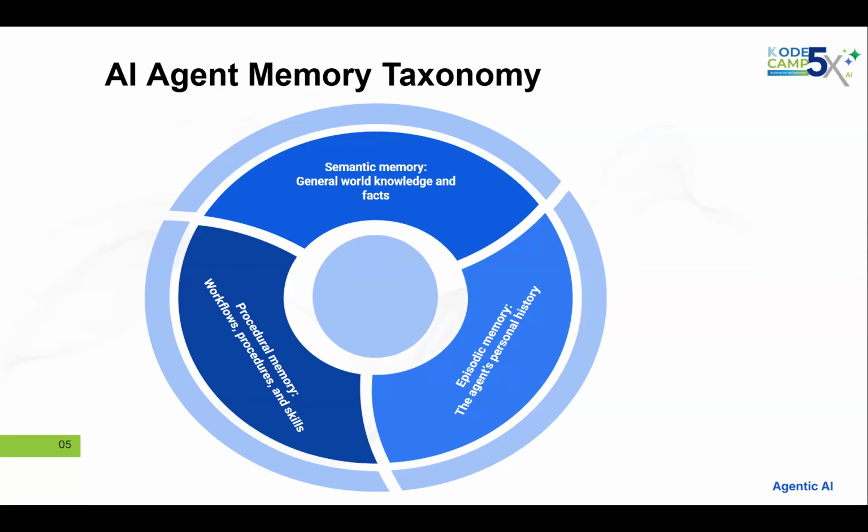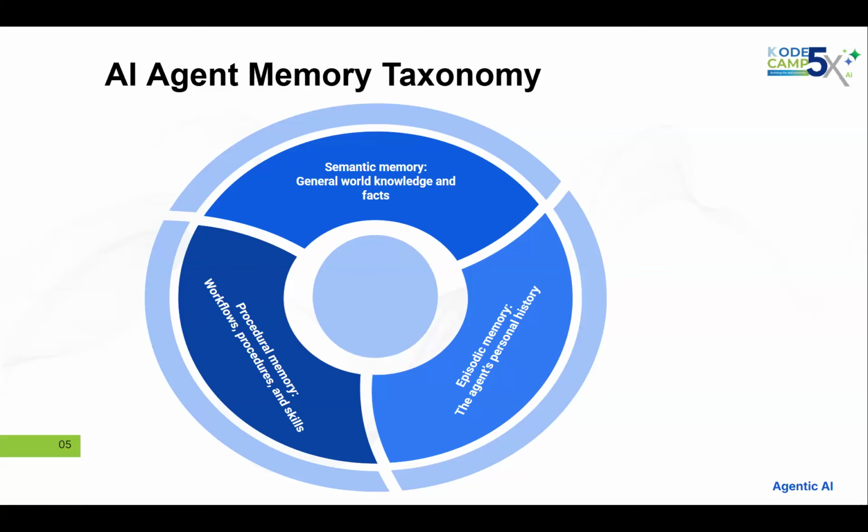When was the final of the last AFCON played? That's a fact. What is my name? That is a fact. When did KodeCamp 5X start? That is a fact. Who is the program manager for KodeCamp? That is a fact. Those are things that are stored in semantic memory.